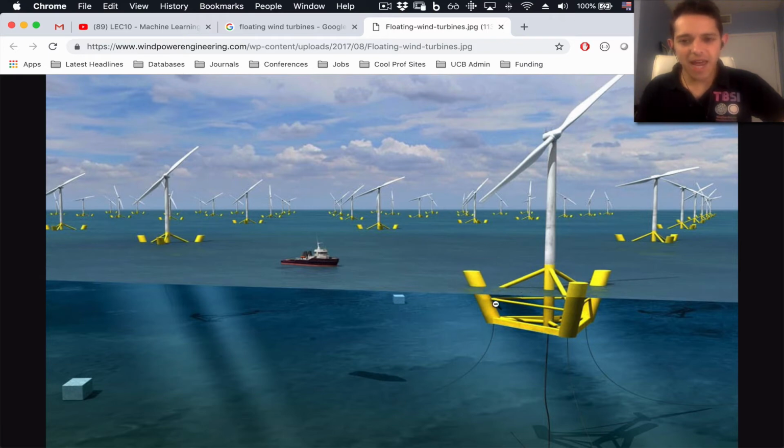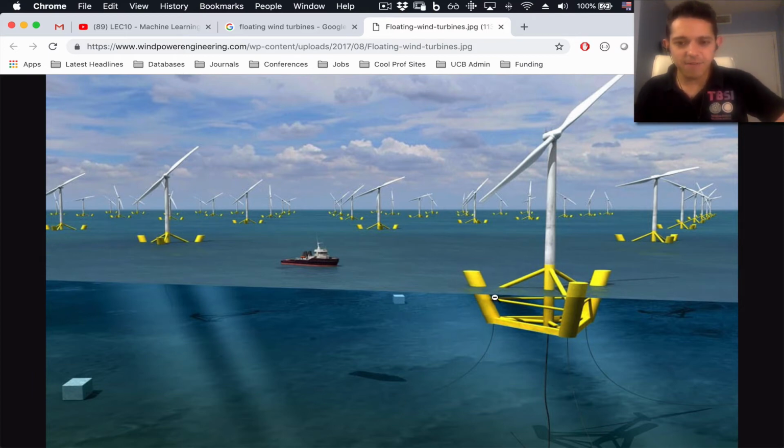Now, to access this wind, you might install a wind turbine. Now, most of the wind resources exist at depths that are beyond 50 meters. So your options are basically to design some sort of structure that goes from the surface of the water all the way down to the seabed, which could be 50 meters deep or beyond, or you could make it floating.